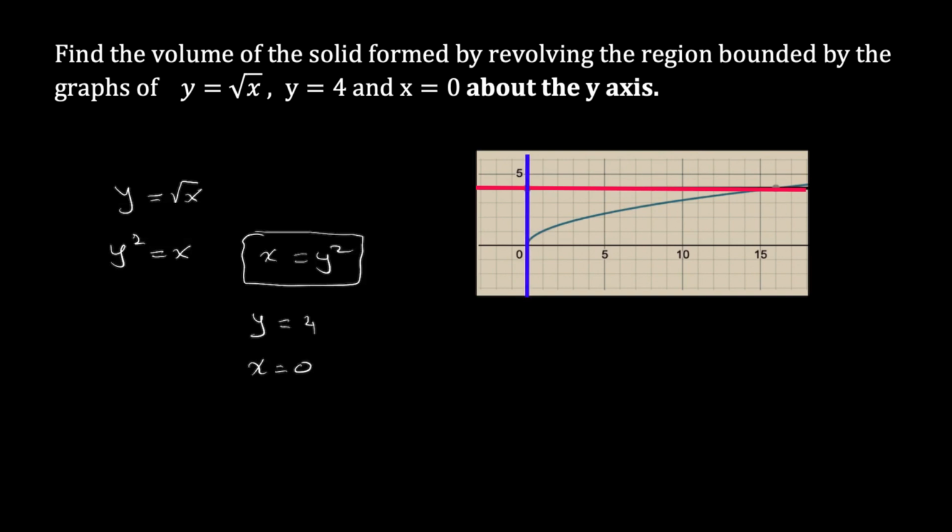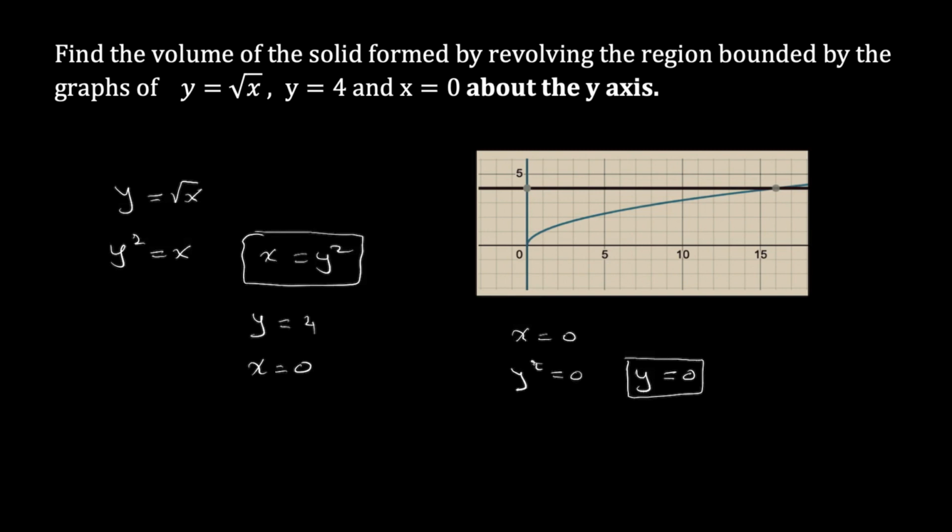Now, the point of intersection between the graph x equals y squared and the y-axis is when x is equal to 0. So we say y squared equals 0, which means that y equals 0. So we know that the integral that we're going to find is between 0 and 4, but we need to find the outer radius and the inner radius. What is the outer radius?